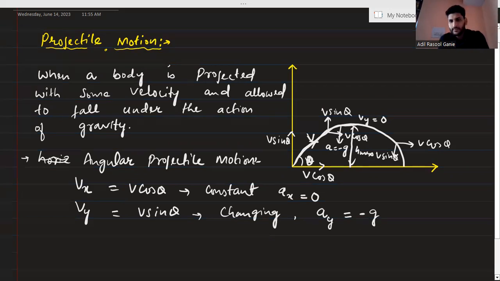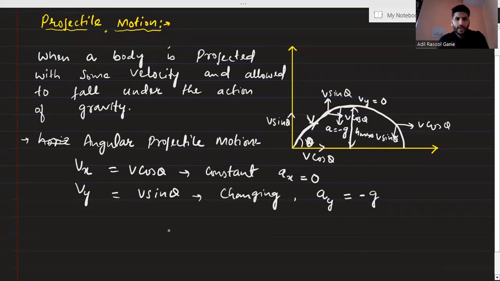Now, what could be the displacement of the body along the vertical and the horizontal direction? I will write the displacement equation, which is S equals ut plus half at square.